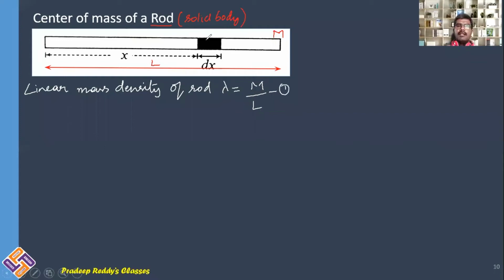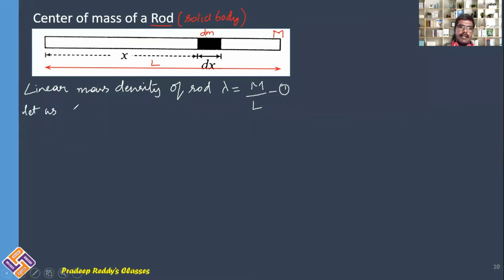So in order to calculate center of mass of this rod, what we need to do is consider a very small element of this rod, right? Now let us take this very small element whose mass is dm and its width is dx.